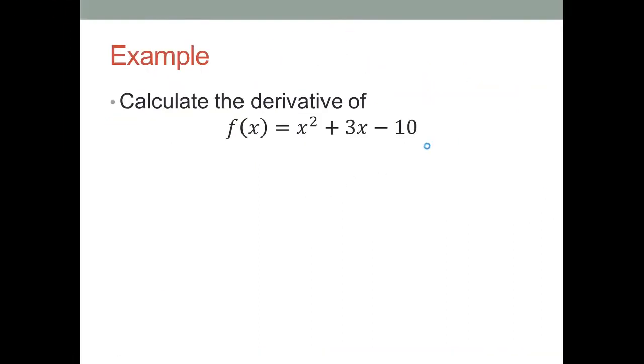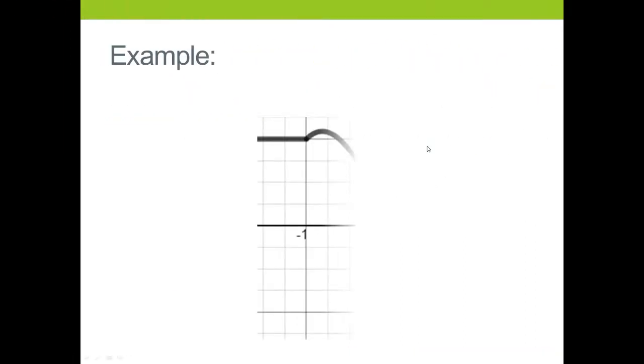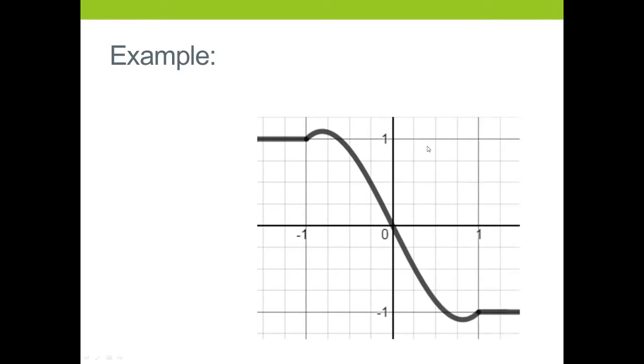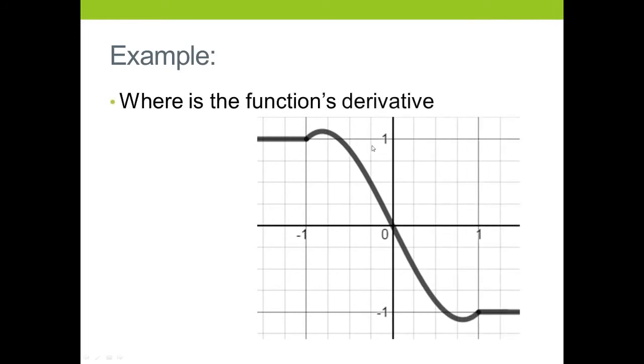Alright, another example. Here we have a graph of f of x, and where is the function's derivative the greatest, and where is the function's derivative the least? Now remember what derivative means. Derivative means slope. So looking on this graph, where is the slope the greatest?